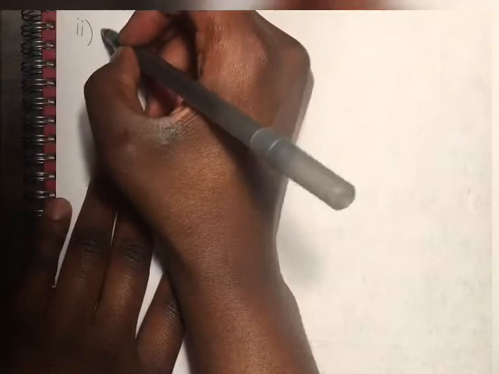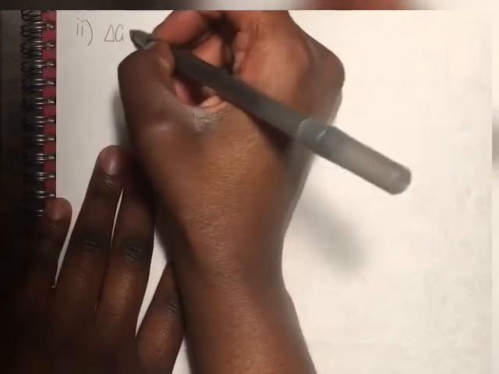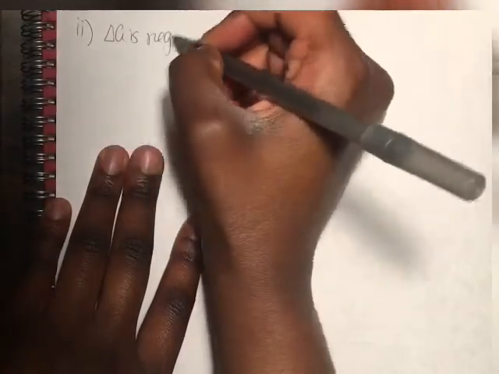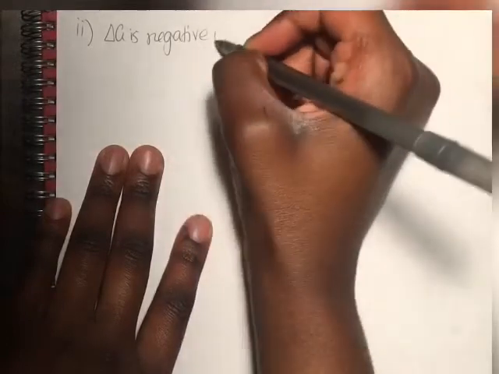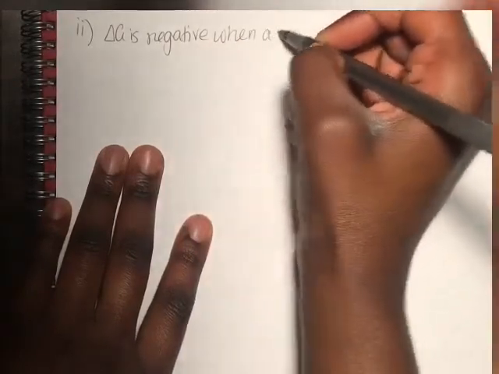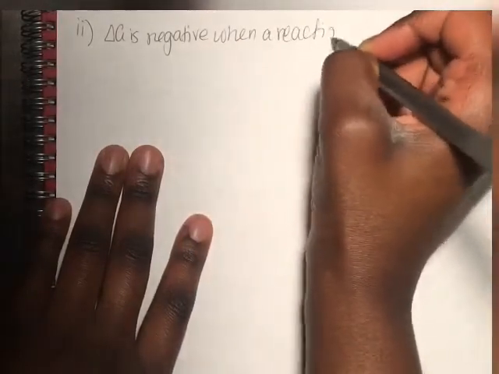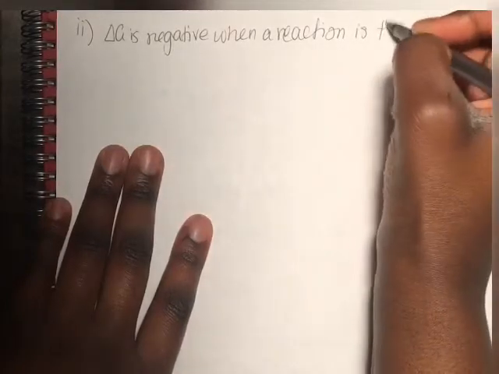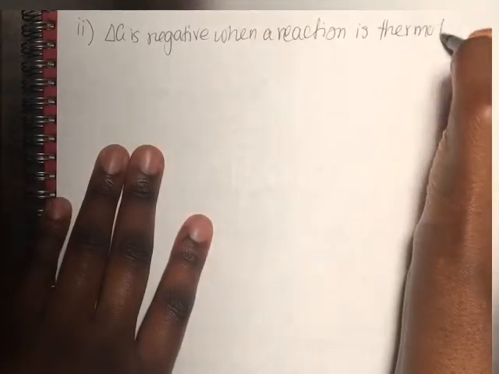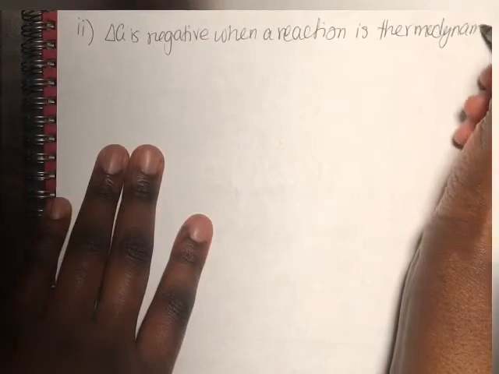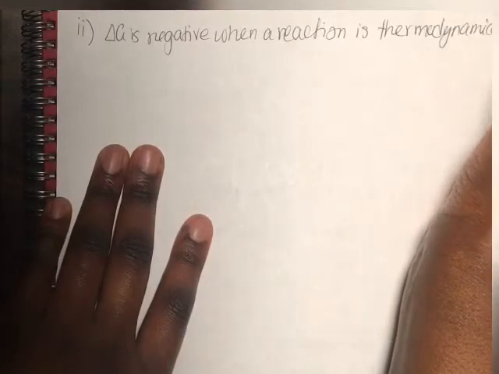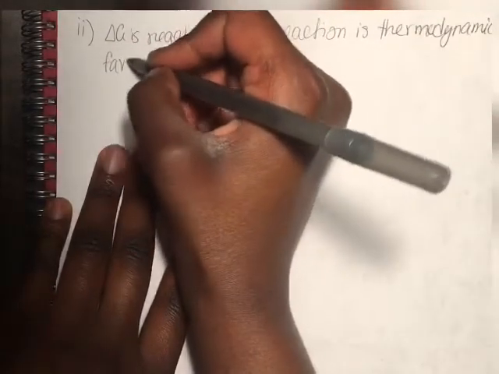So we can start by saying delta G is negative when a reaction is thermodynamically favored.